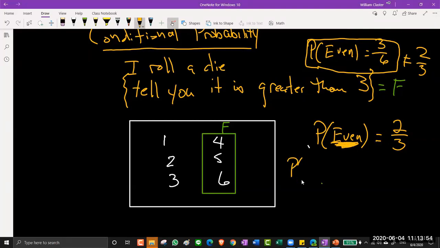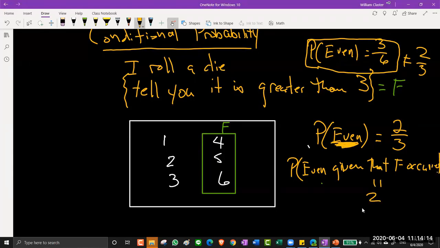So the question was the probability of even given that F occurred. And that is 2/3. So the probability of even is not 2/3. We shouldn't write that.